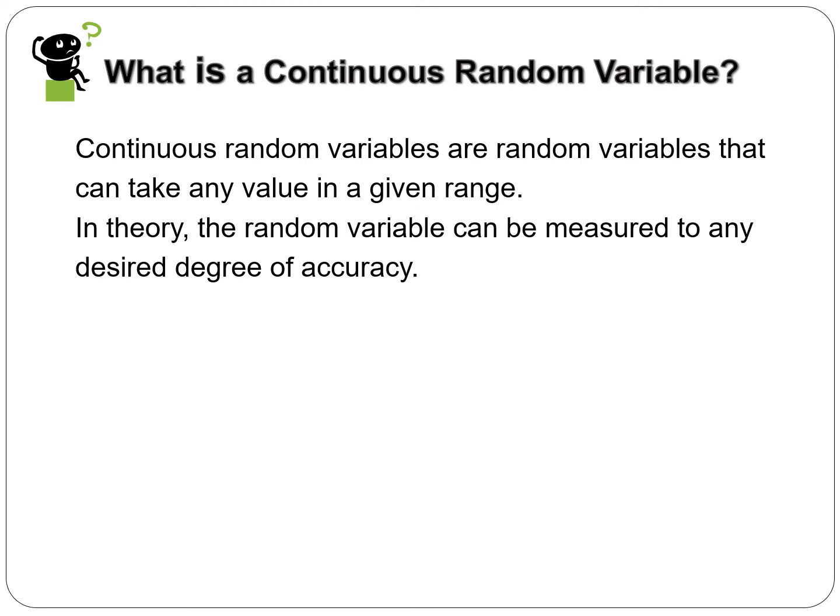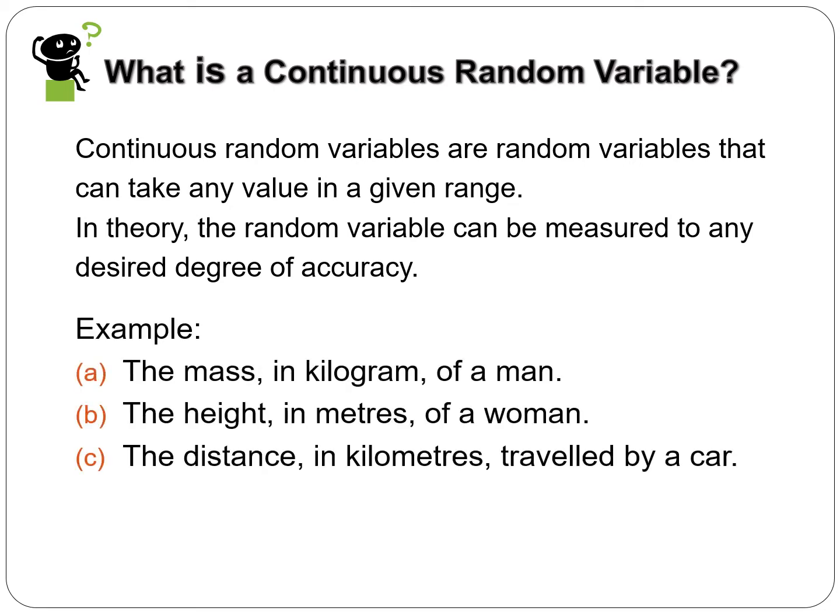So continuous random variables are random variables which are measured. Example, the mass in kilogram of a man, the height in meters of a woman, the distance in kilometers traveled by a car.